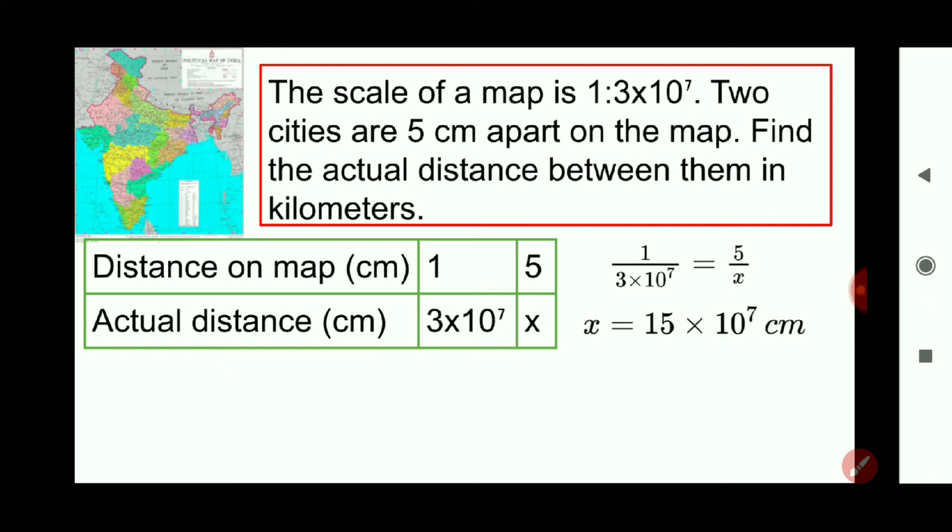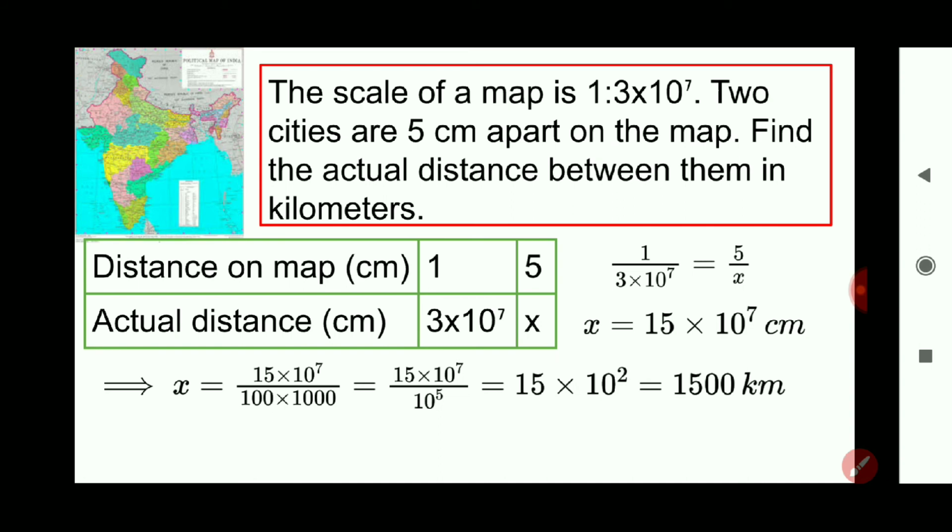By cross multiplication, x is equal to 3 into 5, that is 15 into 10 power 7 centimeters. You know that 1 meter is equal to 100 centimeters and 1 kilometer is equal to 1000 meters. Hence, x is equal to 15 into 10 power 7 by 100 into 1000 kilometers.